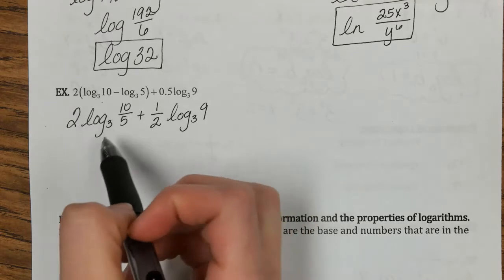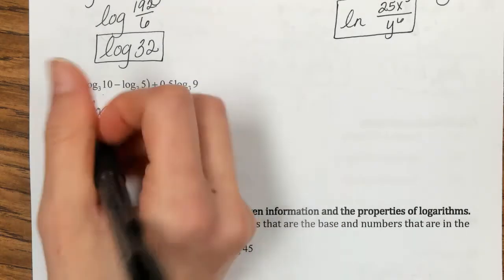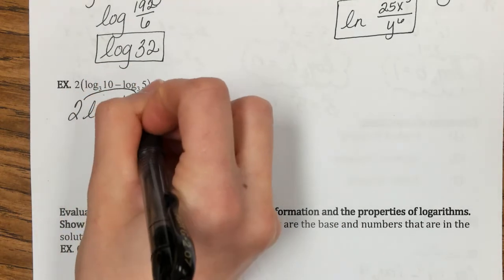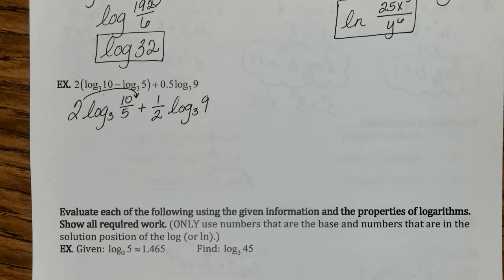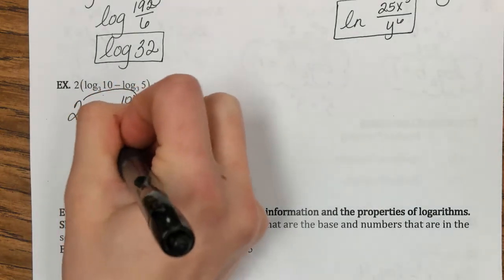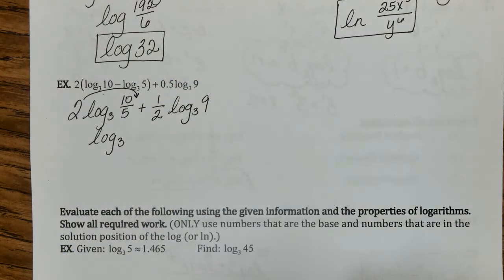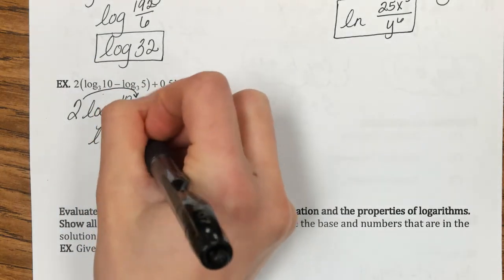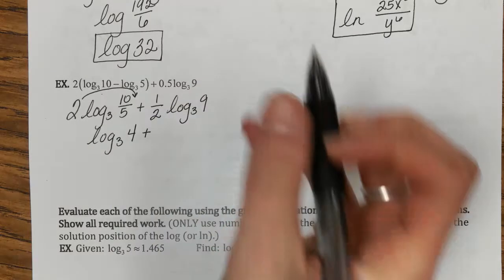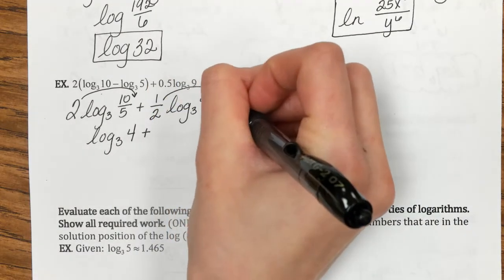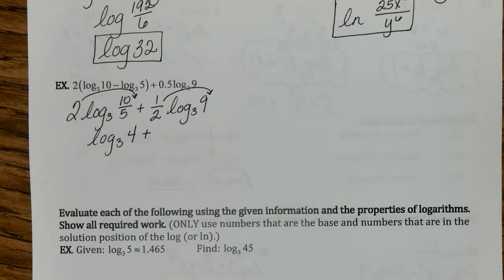Okay, so I'm taking 10 and 5, that gives me 2. So that also becomes the exponent. I'm going to take care of that all in one step. So that's going to be log base 3 of 2 to the 2nd power, which is 4. Plus, when I take this 1/2 and it becomes the exponent of 9, I'm doing 9 to the 1/2, right?